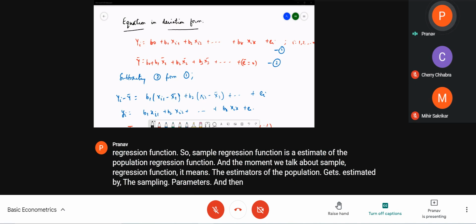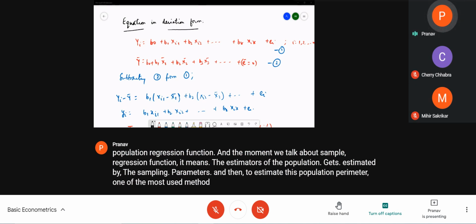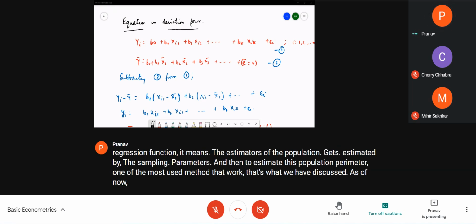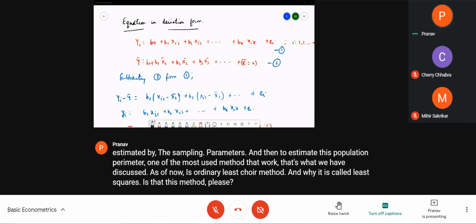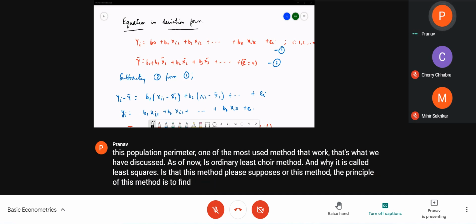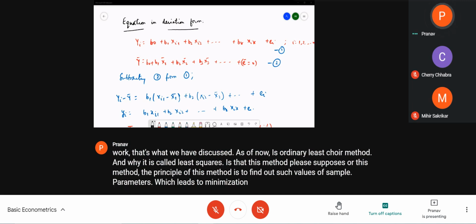And then to estimate this population parameter, one of the most used methods, that's what we have discussed as of now, is the ordinary least squares method. Why it is called least squares is that the principle of this method is to find such values of sample parameters which lead to minimization of the residual sum of squares.